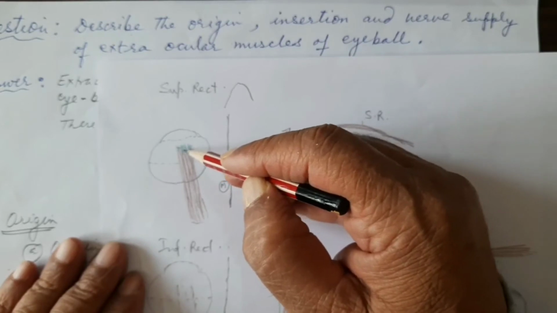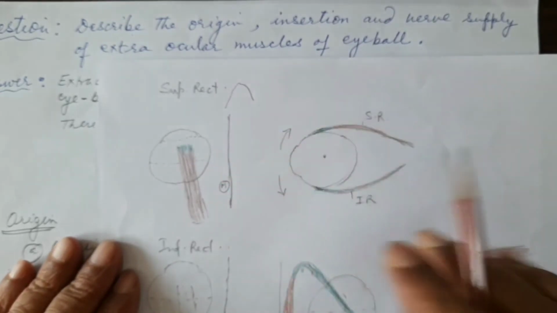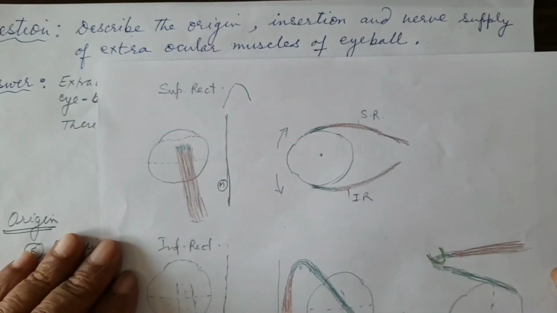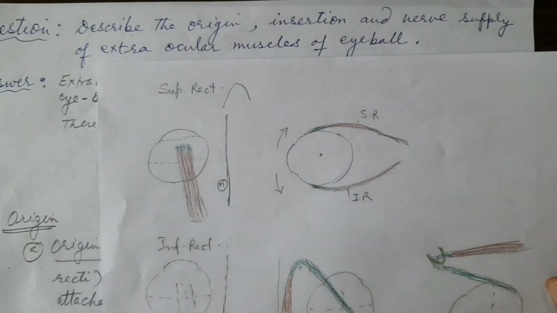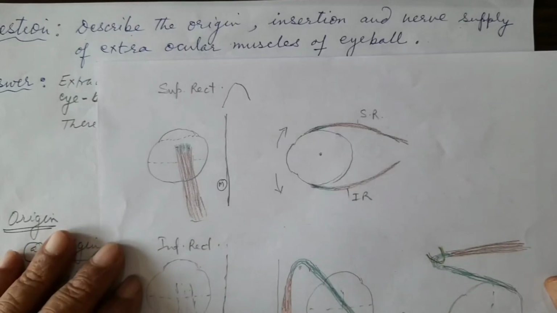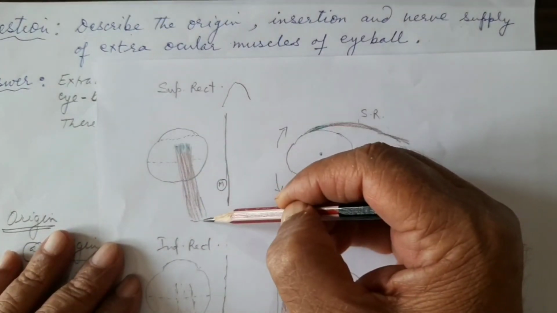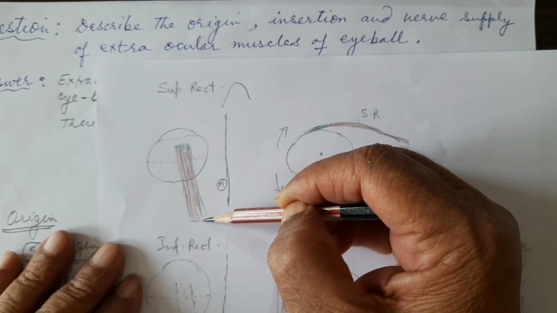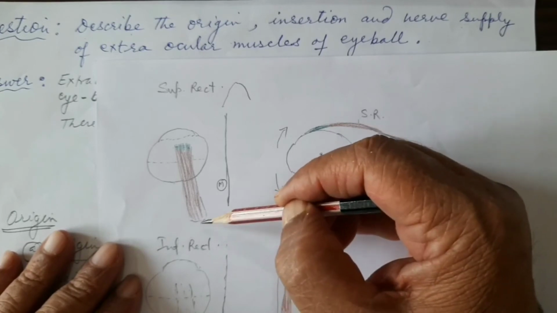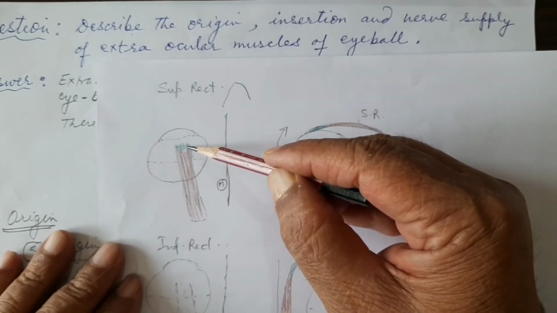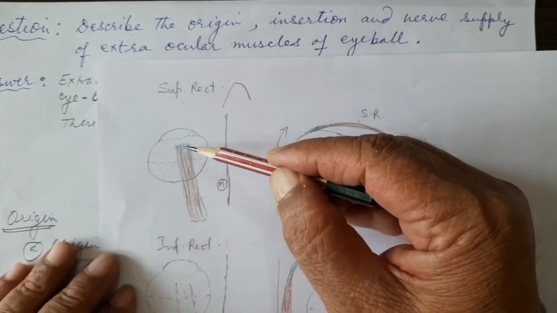It is inserting onto the sclera, which is a tough fibrous layer of the eyeball, made up of inelastic collagenous bundles. So the origin is not exactly bony, but from the fibrotendinous ring attached to the bones of the apex, and then the insertion is onto the organ, that is, the eyeball.